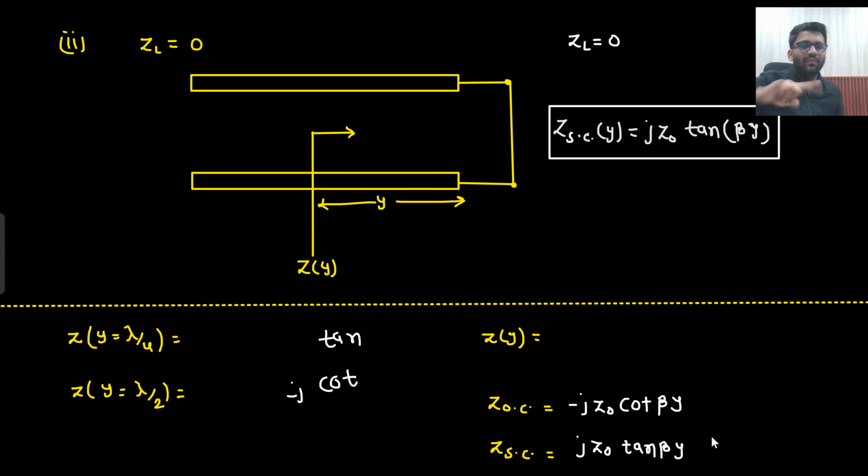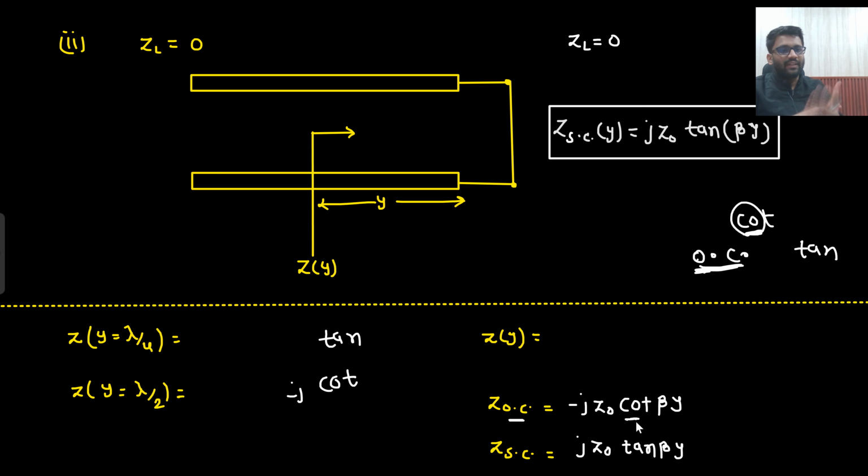Now the confusion will be, sir, which formula is for open circuit and which is for short circuit. Open circuit has O, and cot as well has O. Open circuit, cot. In tan there is no O. So minus J Z0 cot beta Y for open circuit, and short circuit will be J Z0 tan beta Y. This is how I remember because I have enough practice.